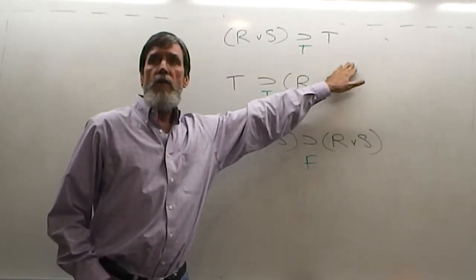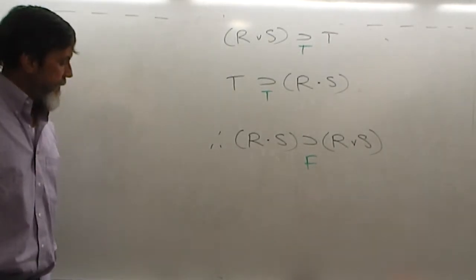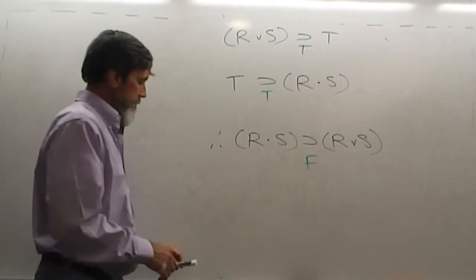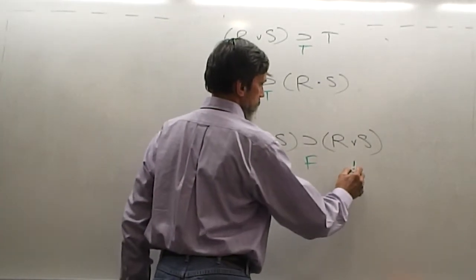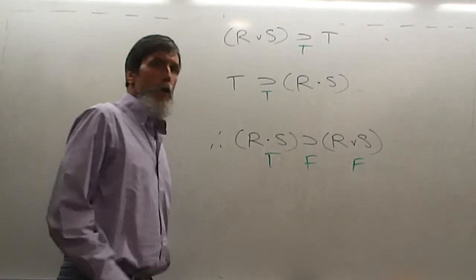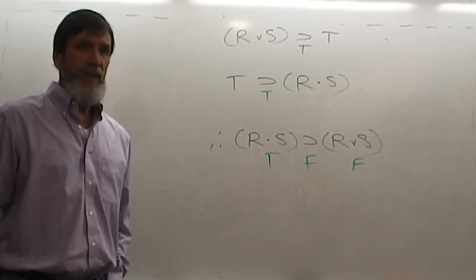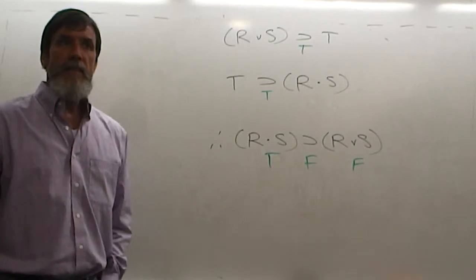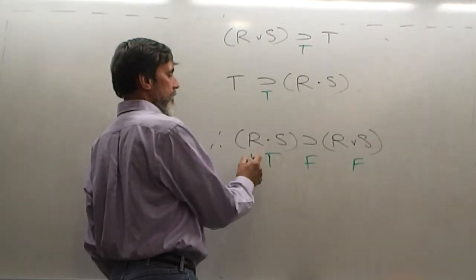False, false is a true horseshoe. In the conclusion, the antecedent has to be true, and the consequent must be false to give a false horseshoe. True. But now we know everything else in the conclusion, don't we? Because a dot or a conjunction is only true if both conjuncts are true.